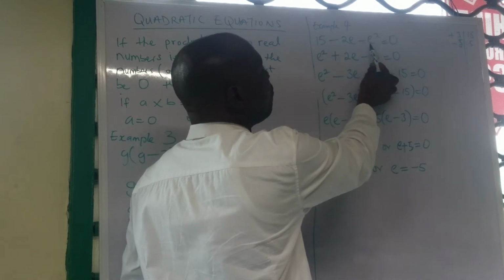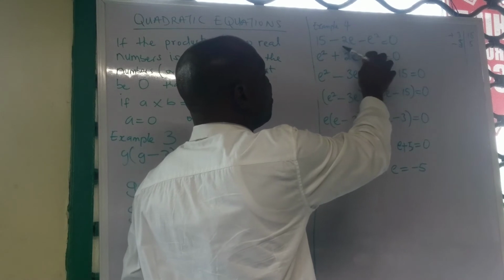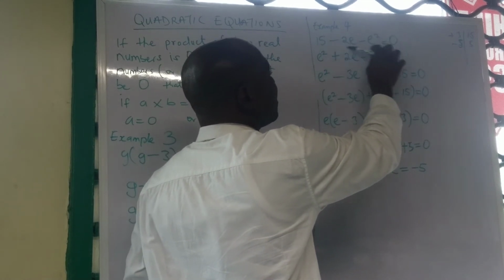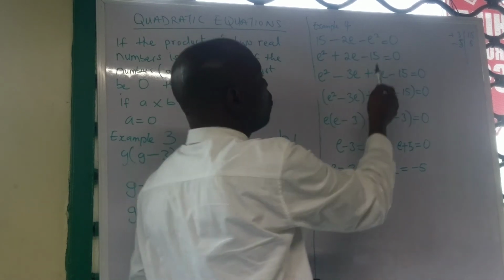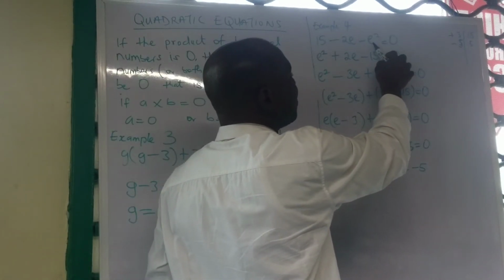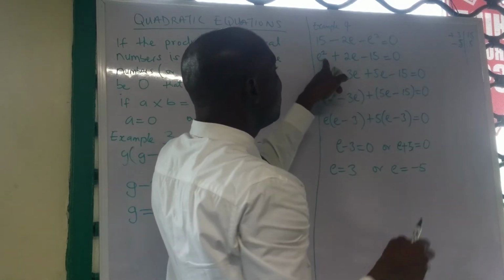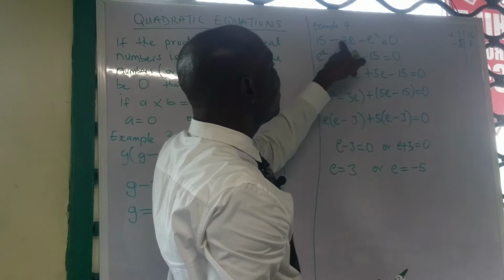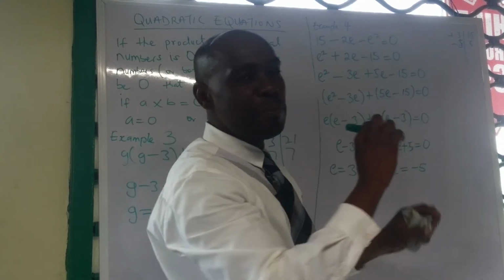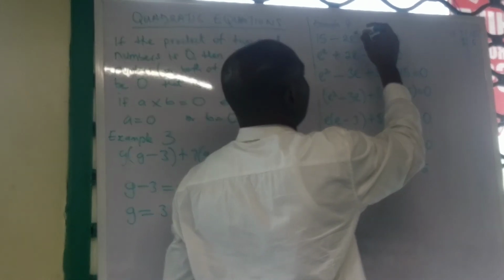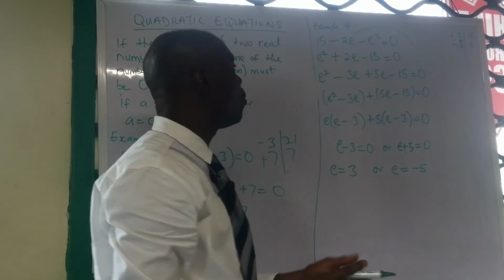We arrange everything in total, bringing everything from this side to this side, so as to change all these negative signs. If you carry this minus e squared to this side, it will give you plus e squared. The simple analogy is we transfer everything here to make it equal 0.